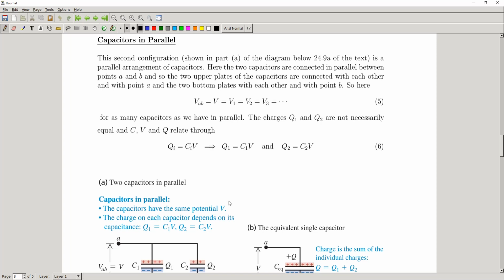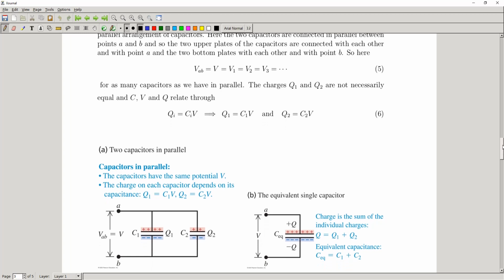And let's note here, maybe the first thing to note is that our potential difference, our VAB across A and B, is now going to be the same across AB as it is across capacitor 1 as it is across capacitor 2, right? And the way to see that is that this whole top chunk, both of these positive plates and A, are all one conductor, right?